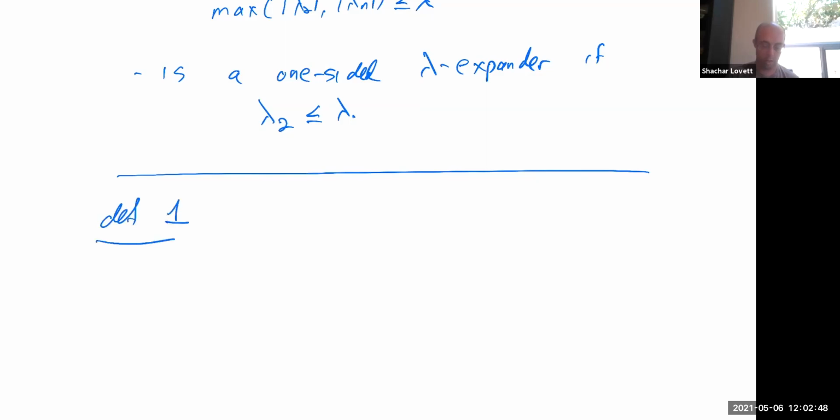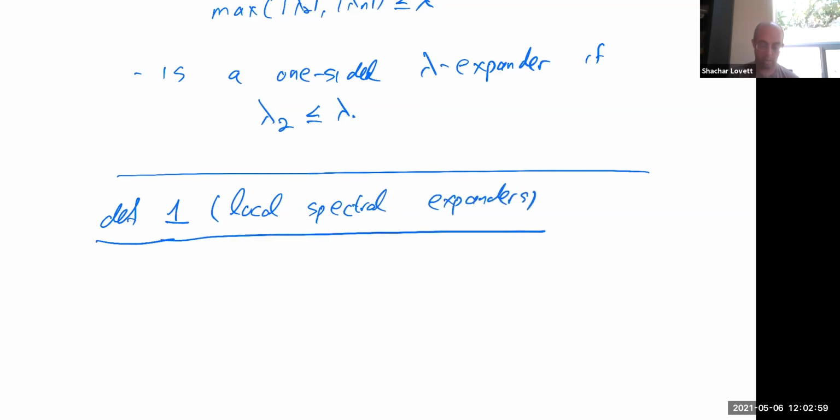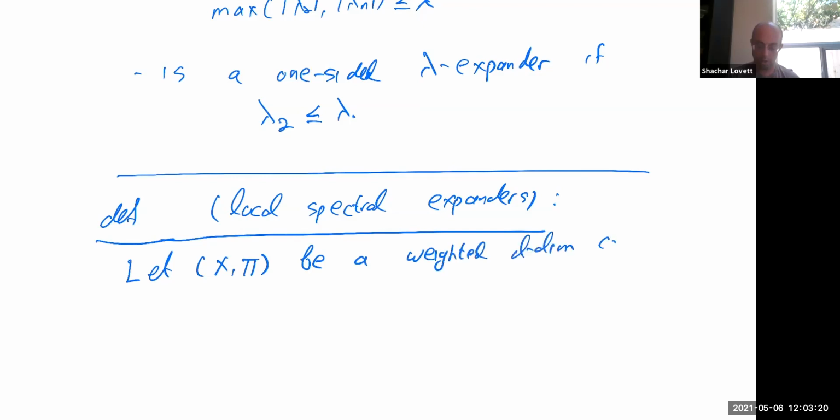Definition 1: let's call these local spectral expanders. So let X be a d-dimensional complex.